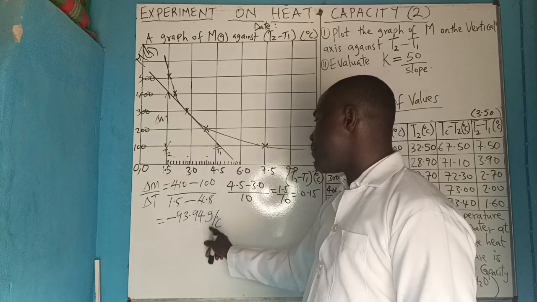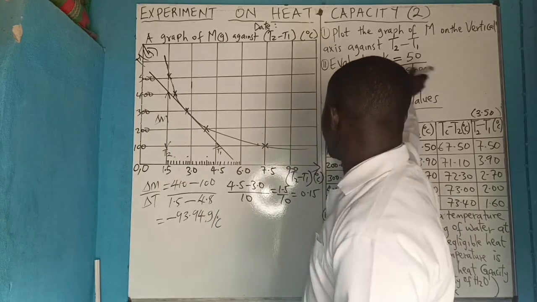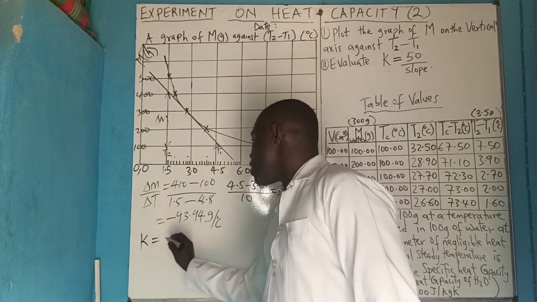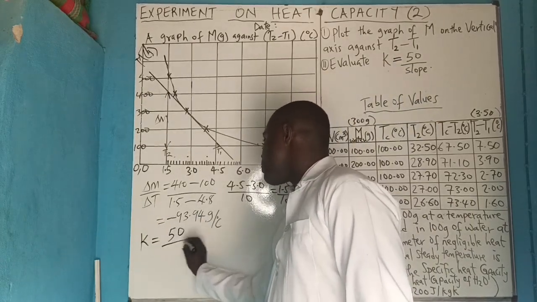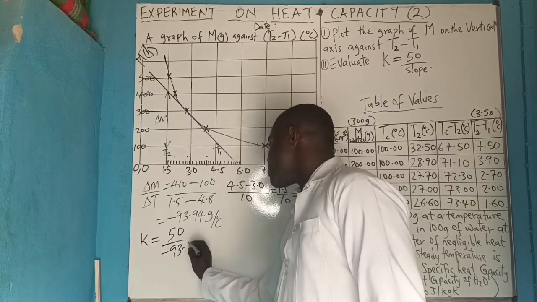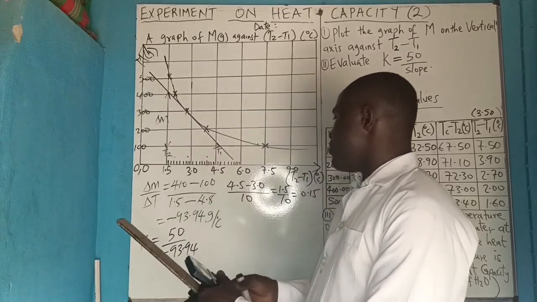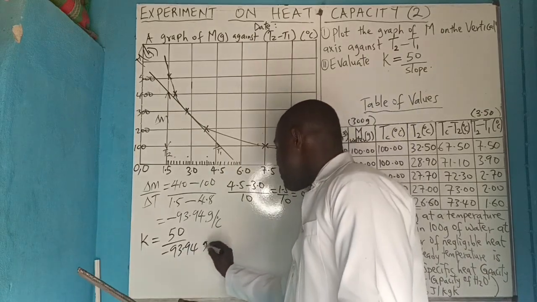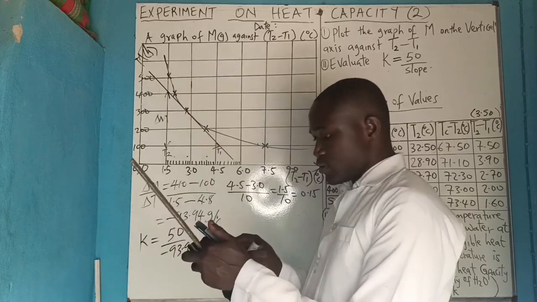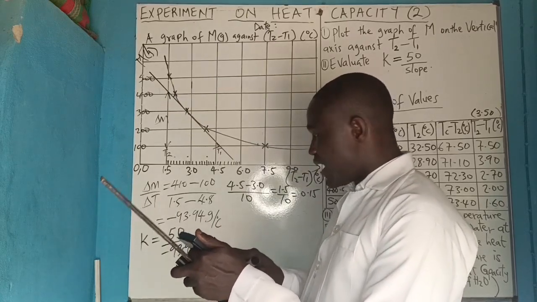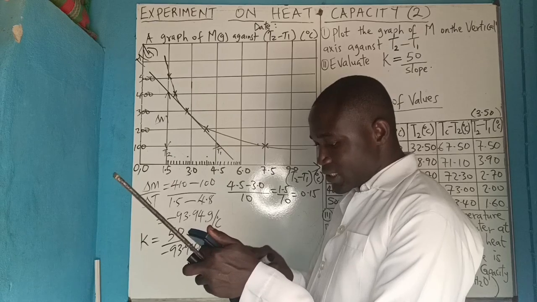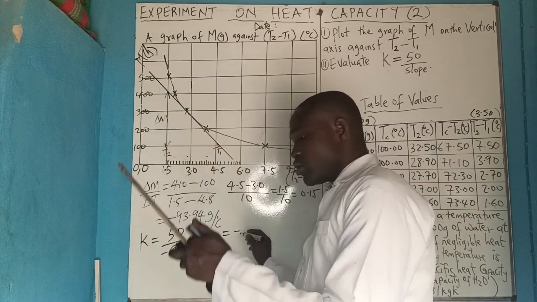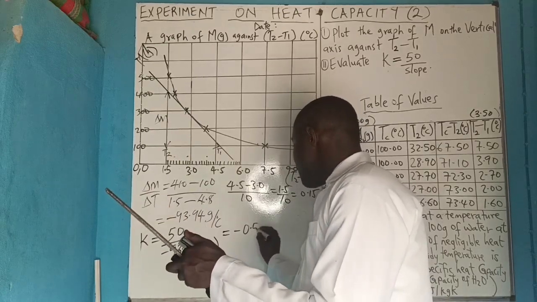We say gram per degrees Celsius. They say evaluate K equal to 50 over slope. K will be equal to 50 over what is our slope? Minus 93.94 gram per degrees Celsius. So 50 divided by minus 93.94 will give us minus 0.53.